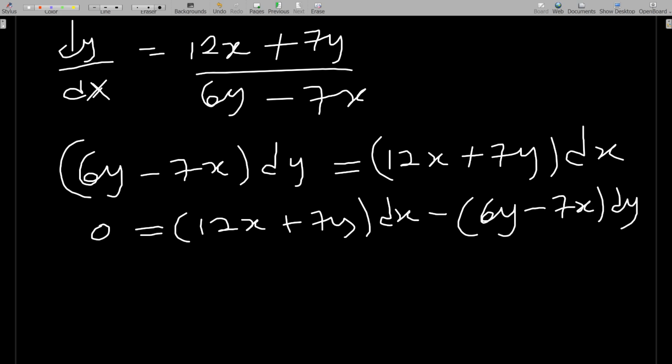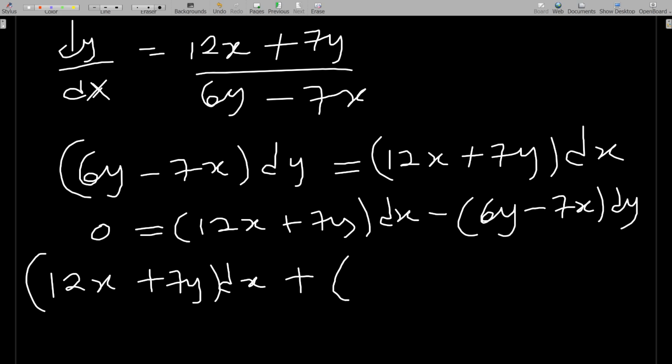I have (12x + 7y) dx minus (6y - 7x) dy should be equal to 0.